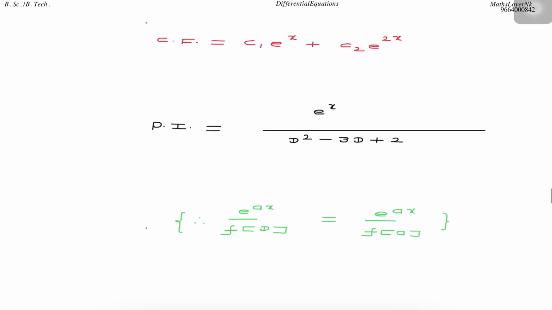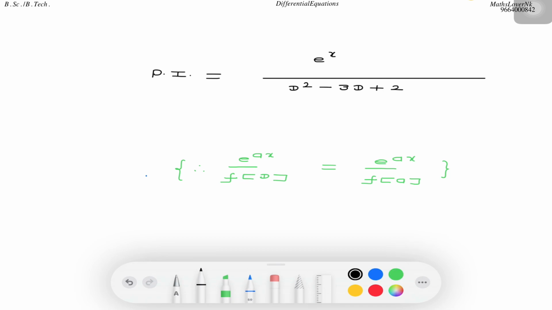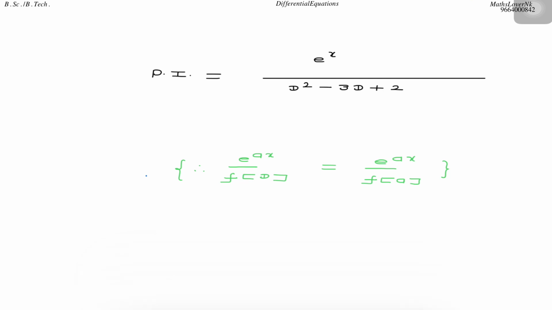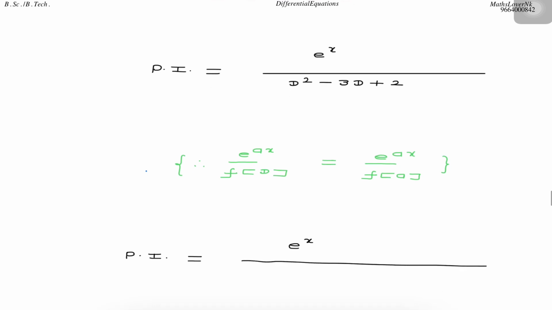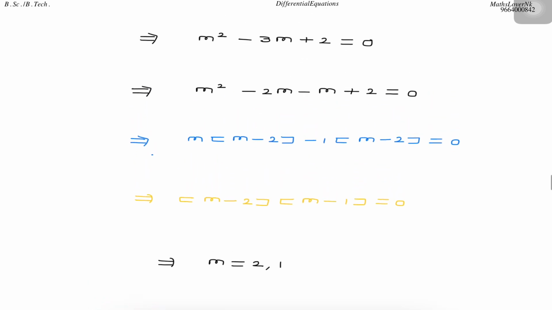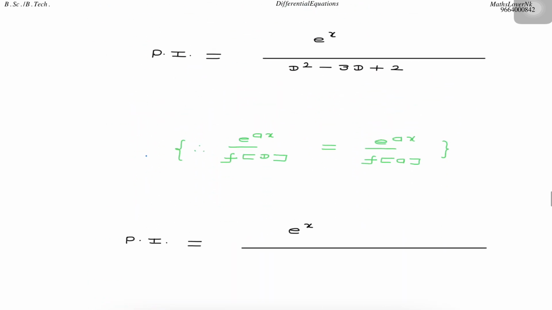Now put PI = e^x upon D² − 3D + 2. Here a = 1, so 1² − 3×1 + 2 makes the denominator 0, which is not possible. So PI = e^x as it is, and we write the factors of the denominator: (D − 2) and (D − 1).